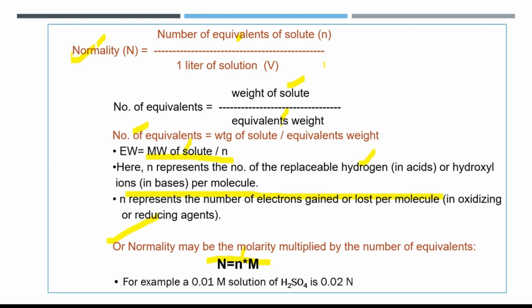For example, you want to prepare a 0.1 molar solution of H2SO4. You know the molarity of the solution. Now for normality, in H2SO4 your n is equal to 2, and 2 into 0.1 is equal to 0.2 normal.